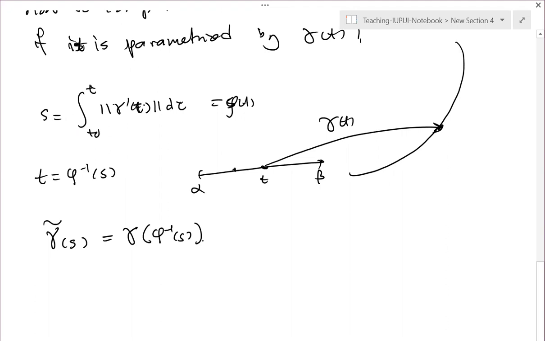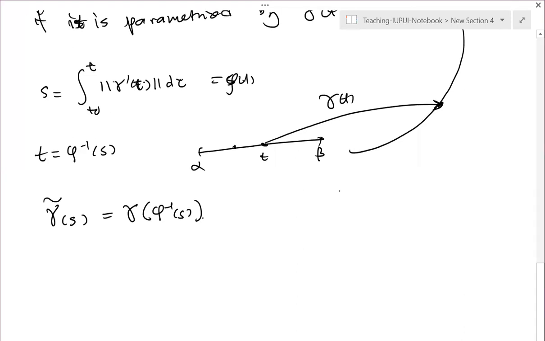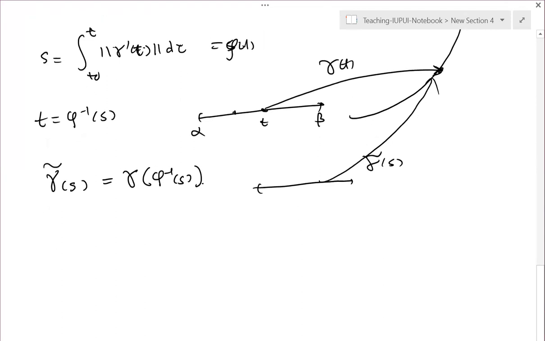But each step is challenging. First of all, how to evaluate this integral? If the integral cannot be evaluated and you cannot get an elementary function to describe it, how can you solve for t? This is not easy. It's gamma tilde of s, and they match.